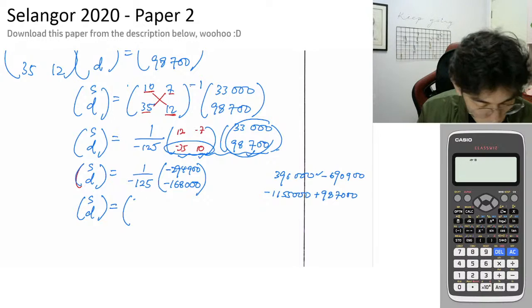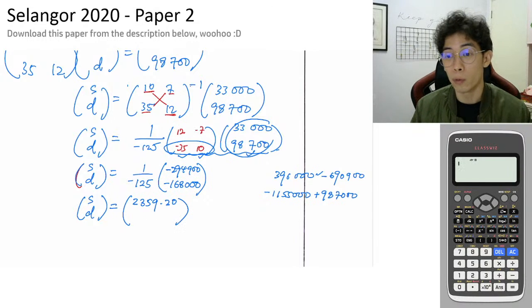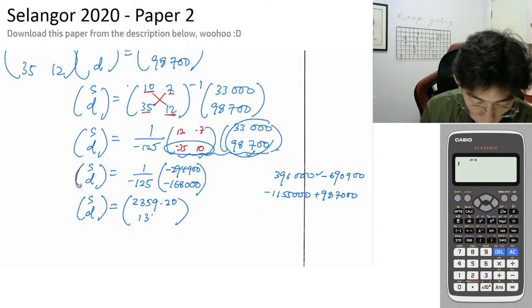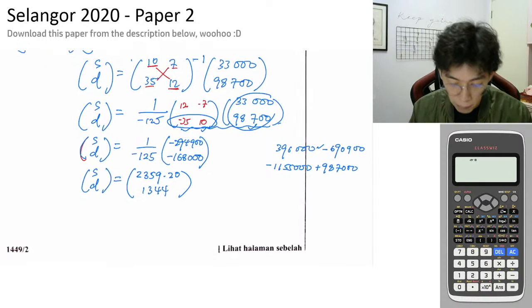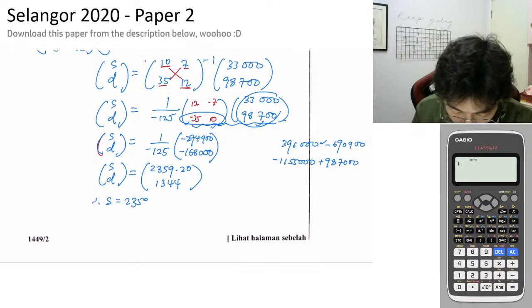So it's 2359.20, or you can put 1 over 5. And of course, the other one, it will be times negative 168000. The answer is 1344. Don't stop there. Therefore, S equals 2359.20. D equals 1344.